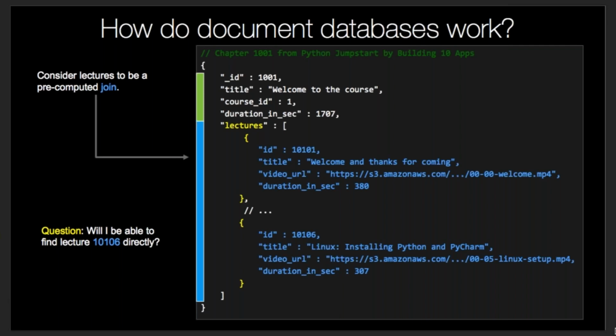Deep down inside, go to the chapter, go to the lectures list, go into the individual objects and look at the ID of those. Can you do that? It turns out the answer is yes. And you can create indexes and all sorts of powerful stuff that make these types of queries work really, really well. And it's the fact that you can still do this in a clean and simple way that makes this type of modeling really powerful.